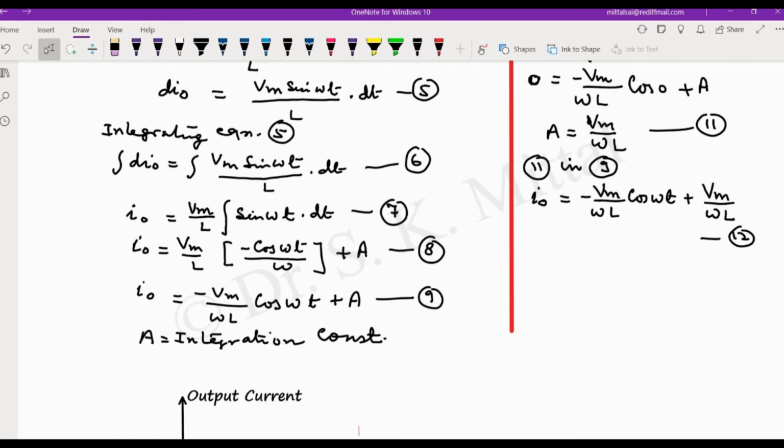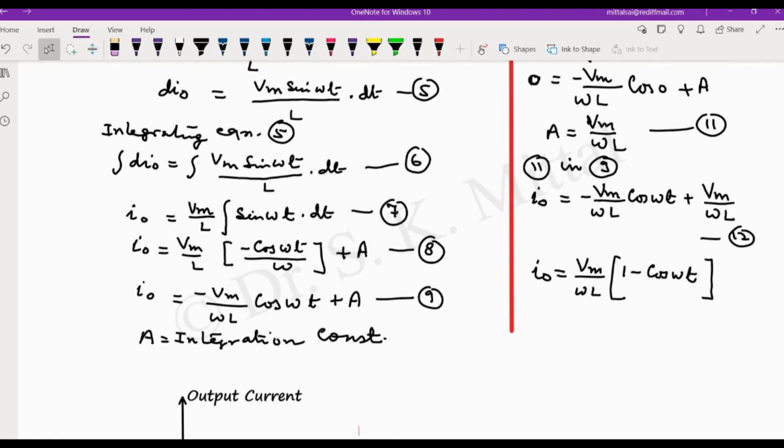So now, what is the final value of I0? Vm upon omega L has been obtained in two places, so this will be 1 minus cos omega t.